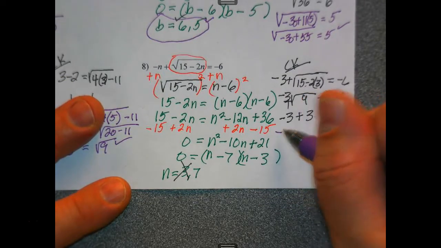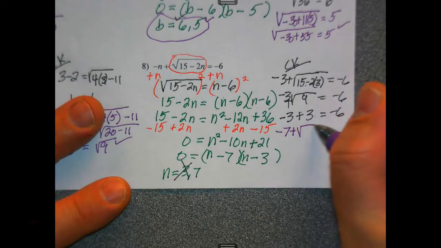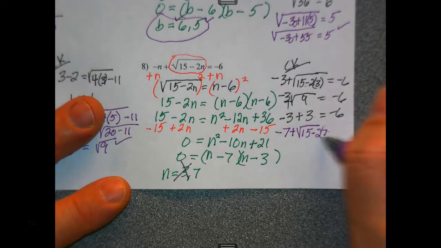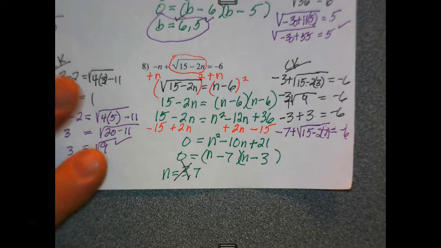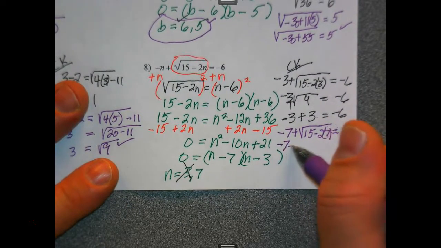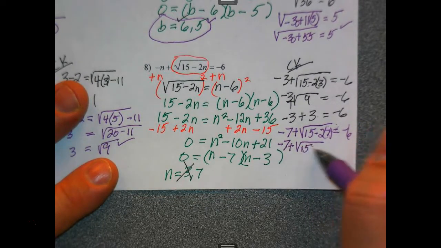Okay, we have to check 7. Does negative 7 plus the square root of 15 minus 2 times 7 equal negative 6? Okay, negative 7 plus the square root of 15 minus 14.